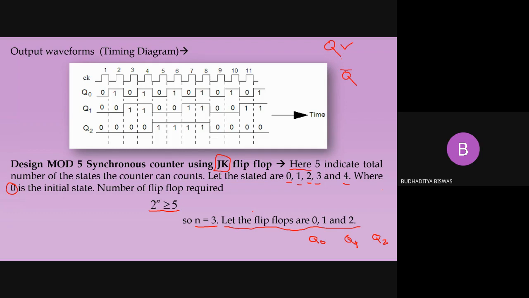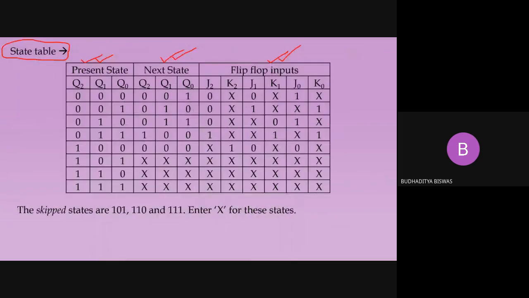So the outputs of the flip-flops are Q0, Q1, and Q2. Come to this one. First is Q2, then Q1, then Q0. In the next state also the same outputs Q2, Q1, Q0. Three flip-flops are used. So first J0, K0, the J and K inputs of the first flip-flop.